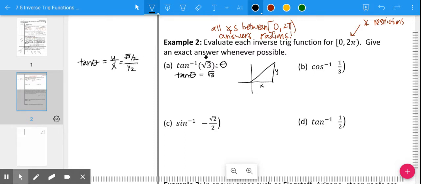Now, that might not be obvious to you right now, and that's okay. This takes a little while to get used to. I know that root 3 is going to come from either root 3 halves over 1 half or the flip of that. So it's going to come from my 30, 60, 90. So my options were root 3 halves on top or root 3 halves on bottom.